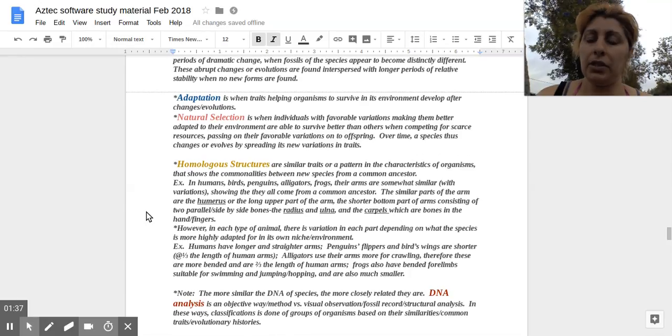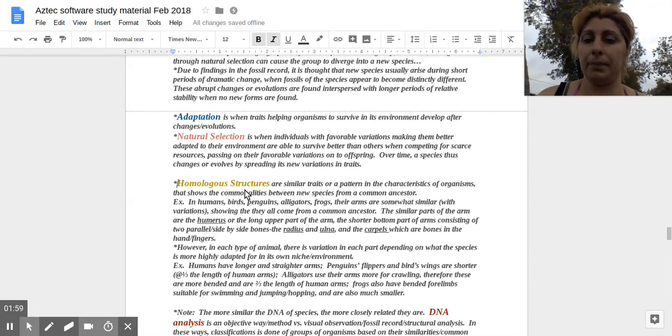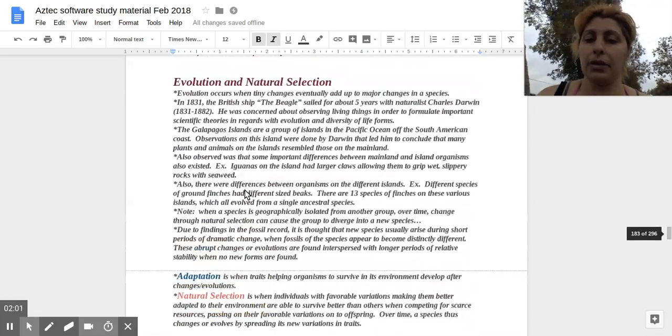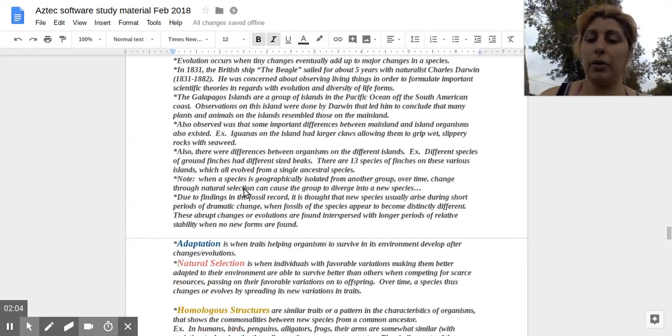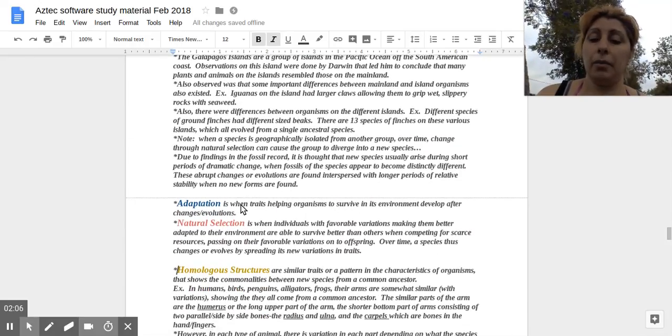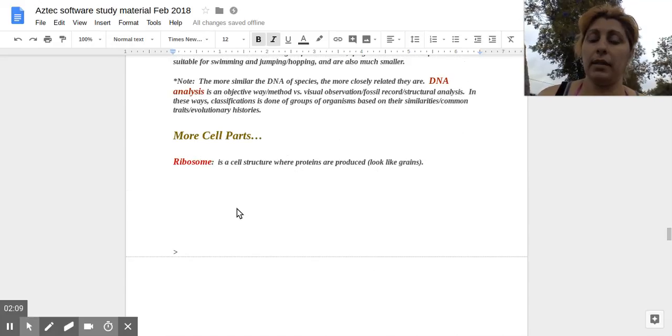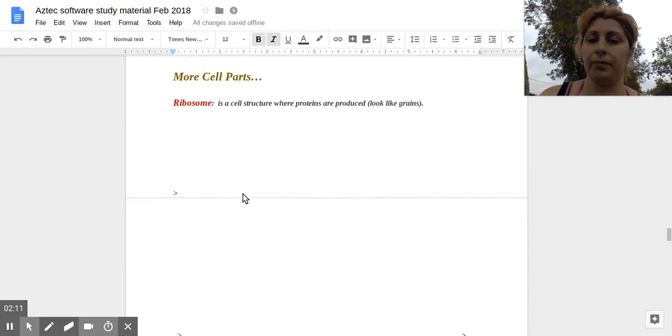Adaptation is when traits of organisms help them live in a specific kind of environment. Natural selection is when organisms with more suitable traits are able to pass on their genes to their offspring. So over time, evolution occurs, and the more favorable genes are passed on to offspring.